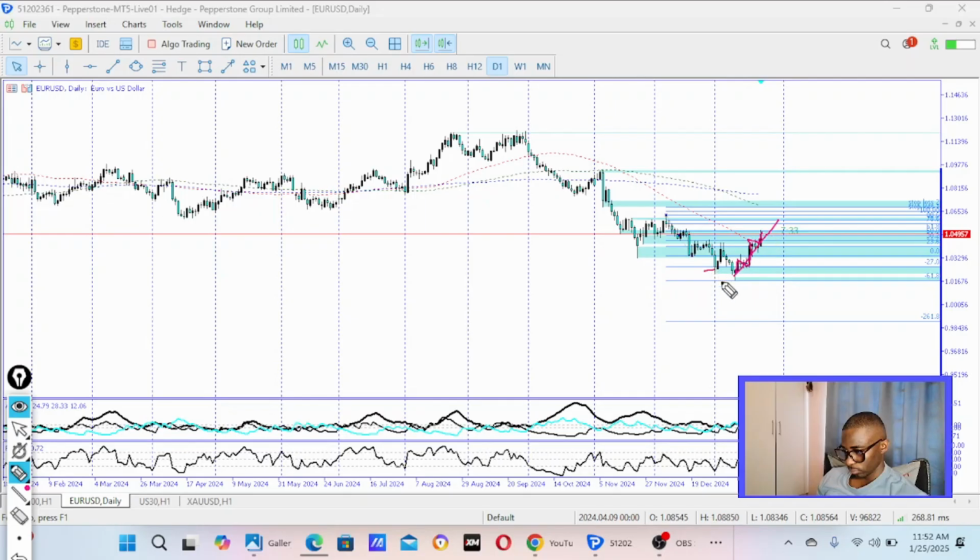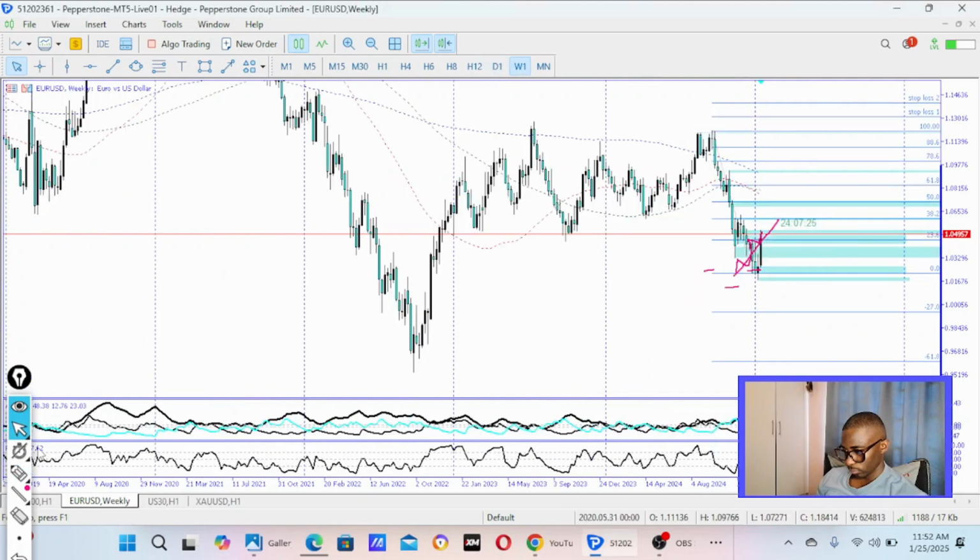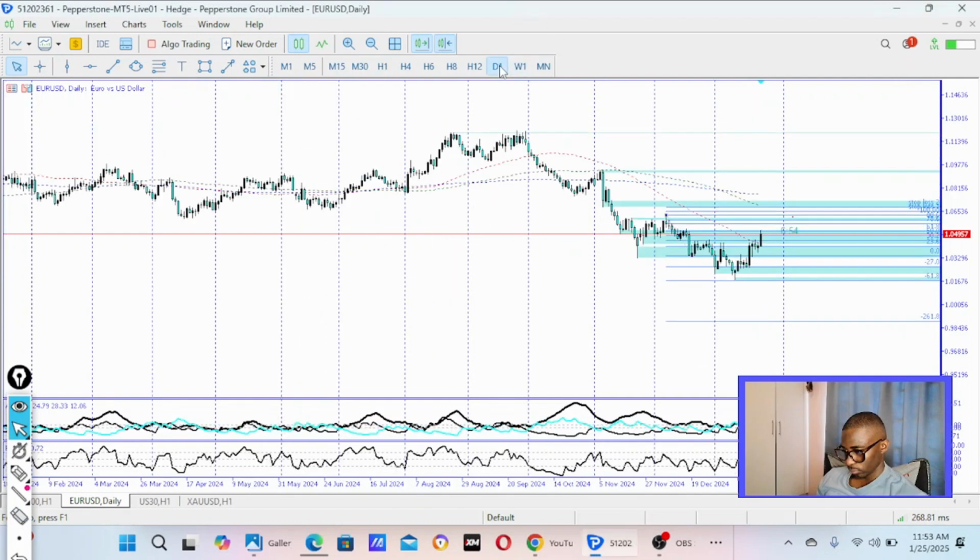You can see this is the left shoulder, there's the head, and there's the right shoulder. And if you go to the weekly, this is where we anticipate for price to reverse. We anticipate for price to come to this area of 30.2, which will also be a double top. So I anticipate for price to reverse to this area of 30.2 on the weekly time frame. So we already established that reversal on the daily.